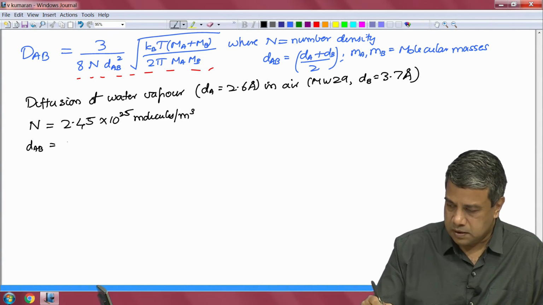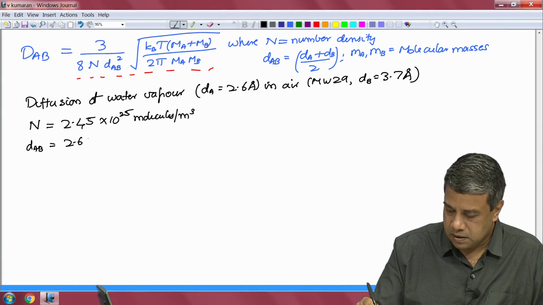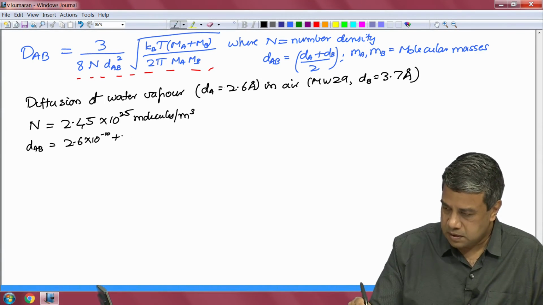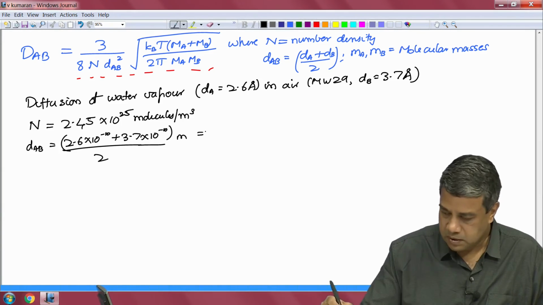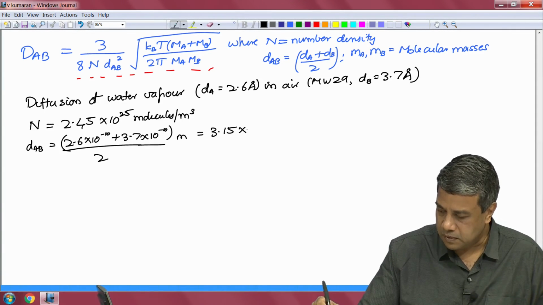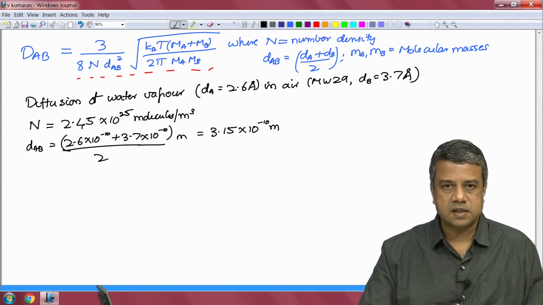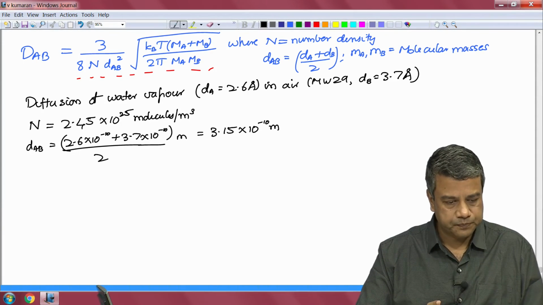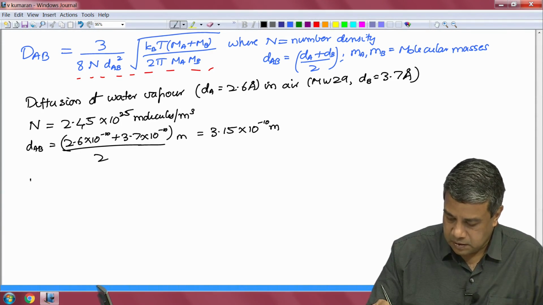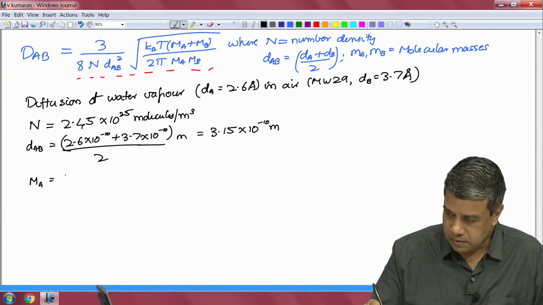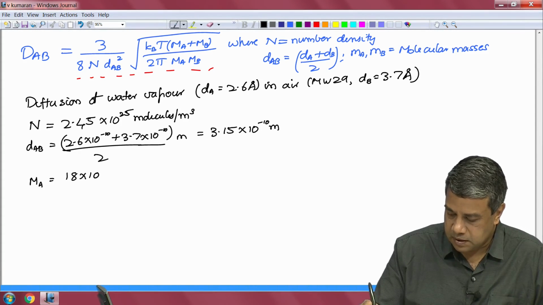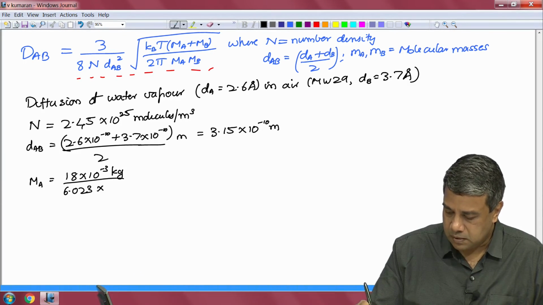dAB is equal to (2.6 into 10 power minus 10 plus 3.7 into 10 power minus 10) by 2, in meters, which is equal to 3.15 into 10 power minus 10 meters. 1 angstrom is 10 power minus 10 meters. The mass of A, that is of water, is 18 into 10 power minus 3 kg by 6.023 into 10 power 23.